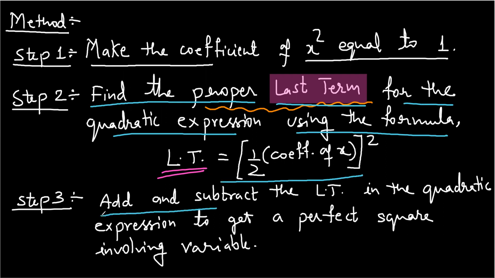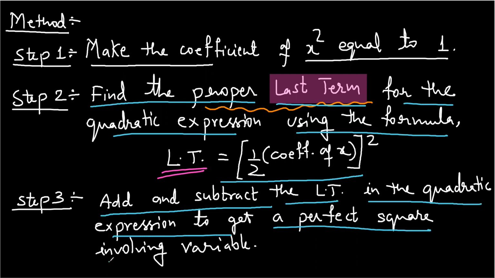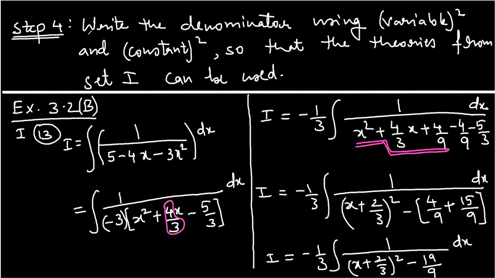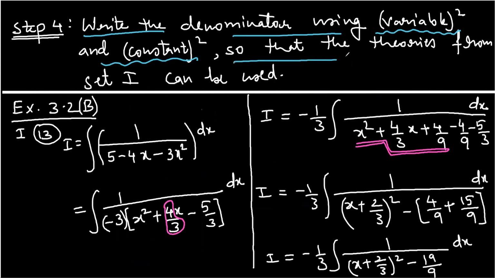Then we add and subtract the last term in the quadratic expression to get a perfect square involving the variable. Then we write the denominator using variable square. We will try to get one variable square and one constant square so that the theories from set 2 can be used. This is the change here.